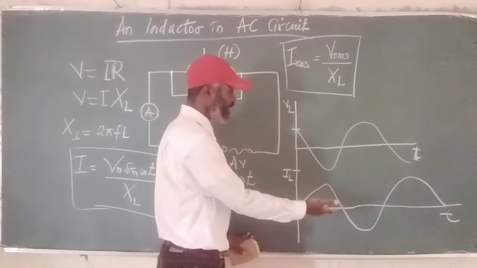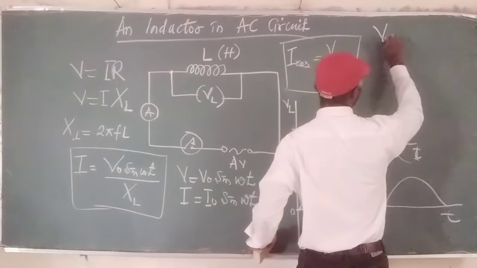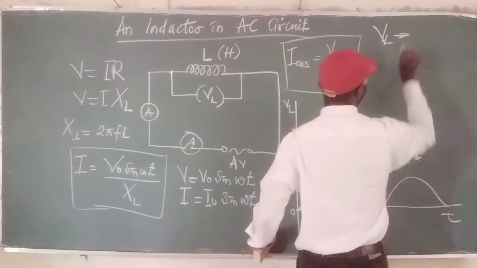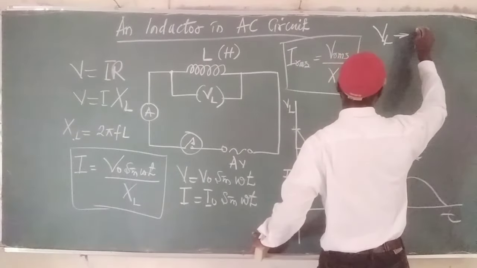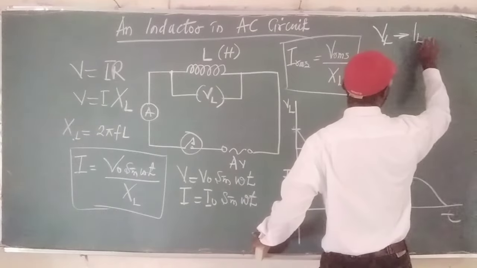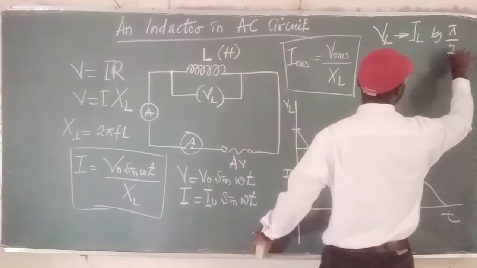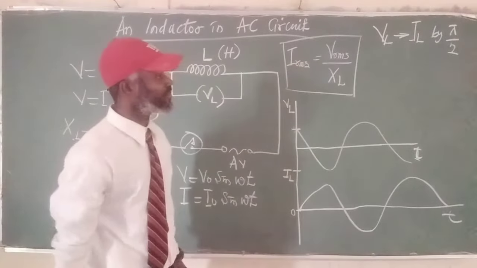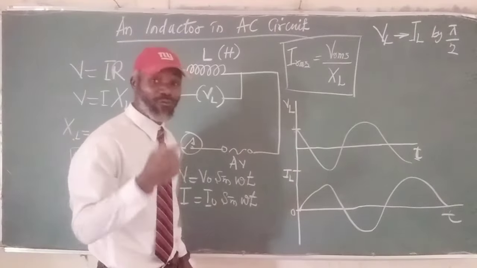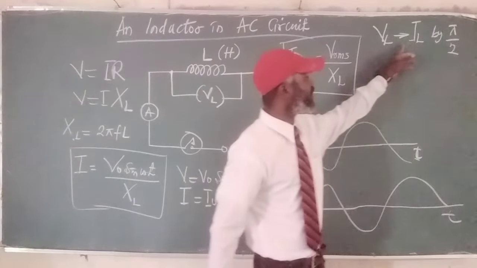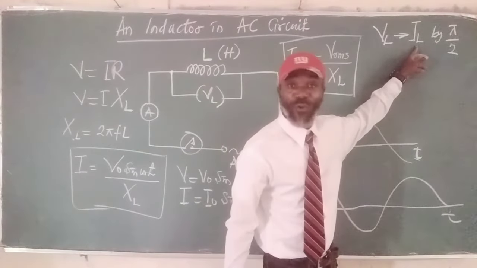In summary, the inductive voltage, VL, leads the inductive current, IL, by a factor pi over 2. I repeat, the inductive voltage leads the inductive current by pi over 2.